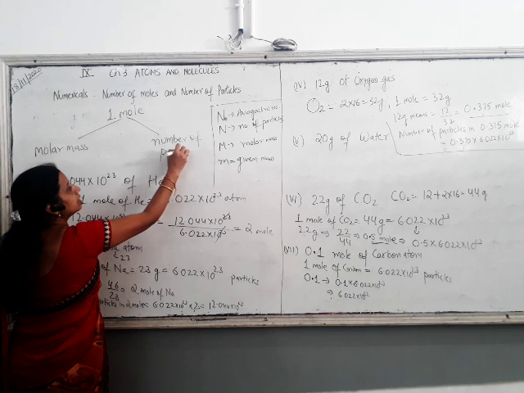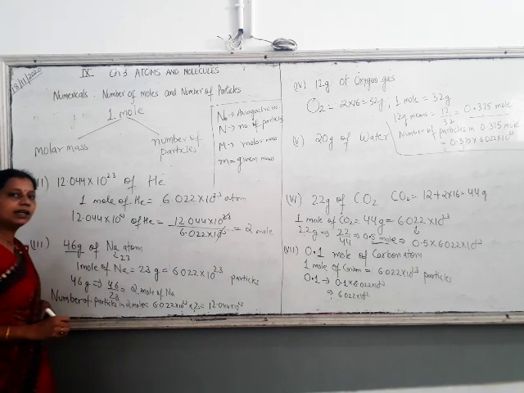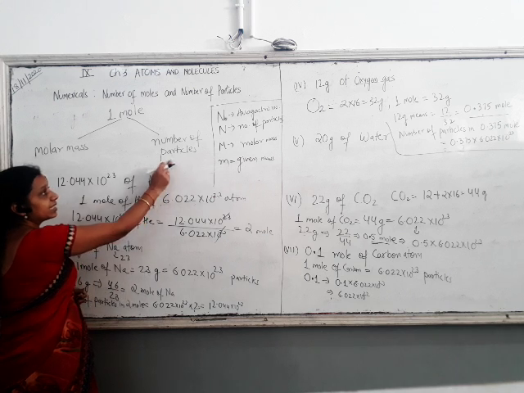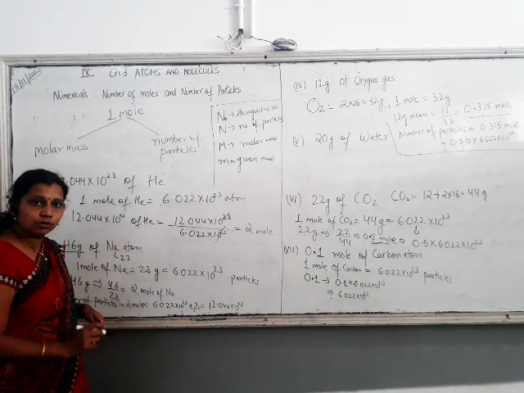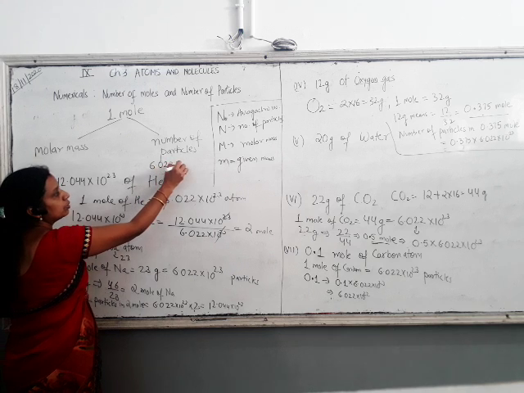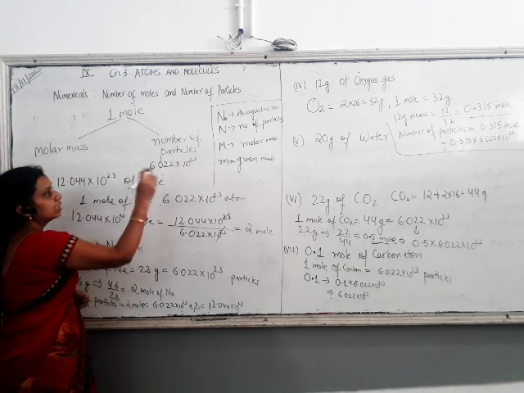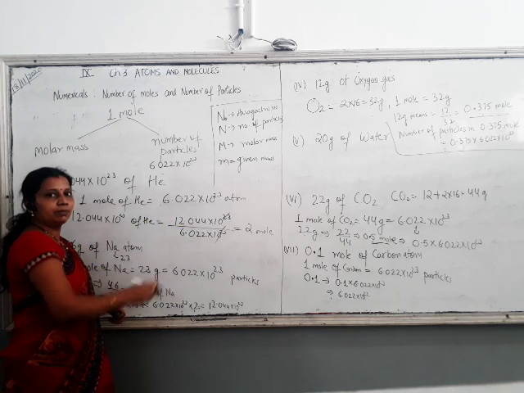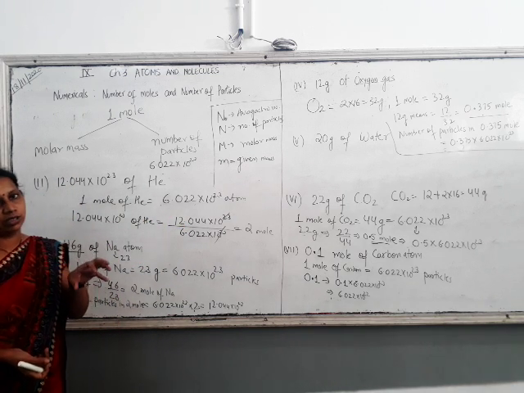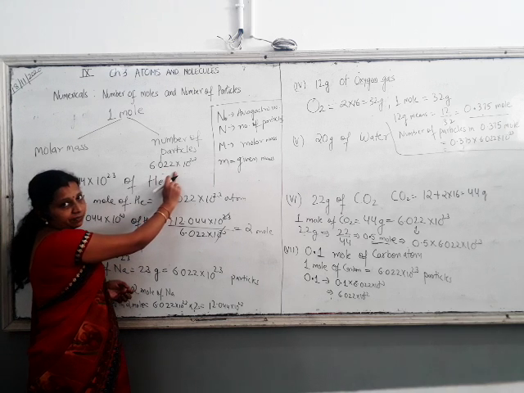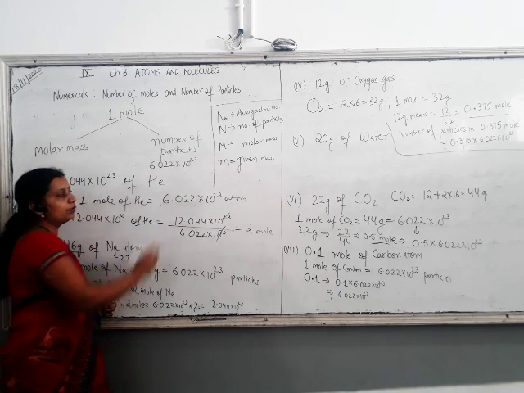If you remember this thing, then you can easily solve these numericals. Number of particles, this is fixed, known as Avogadro number, whose value is 6.022 into 10 power of 23. Somewhere you will see number of molecule or number of atom, that depends on the particular substance we are talking about. But this number is fixed, 6.022 into 10 power of 23.